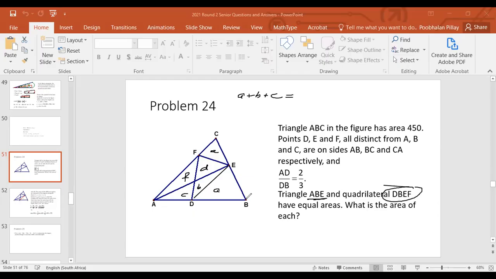So you got D, B, E, F. Oh, no. The quadrilateral that it's equal to in area is DBEF here, so it's A plus B plus D.